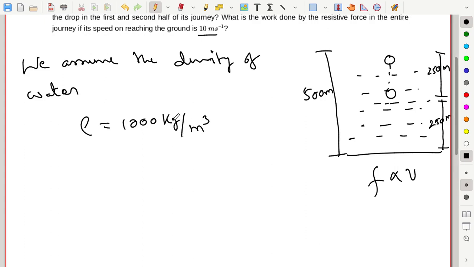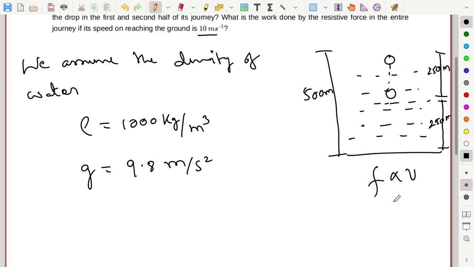That is, one meter cube of water weighs 1 ton. That's the idea of density. The next thing is we need acceleration due to gravity. Here we are assuming the value of 9.8 meters per second square. No, this is also not an assumption. This is the value of acceleration due to gravity, due to the earth.